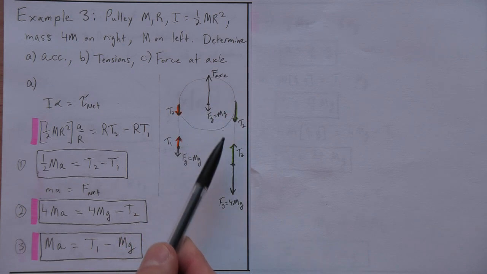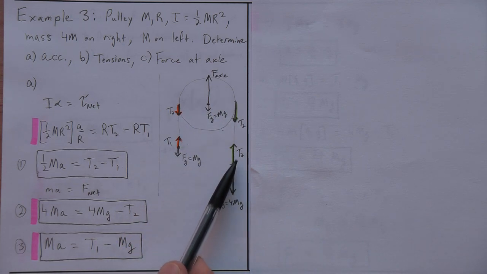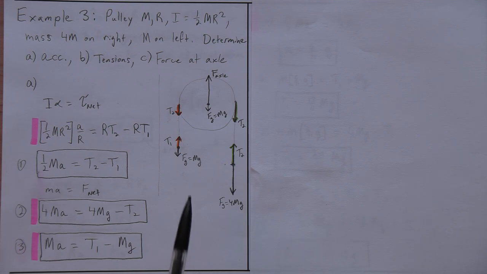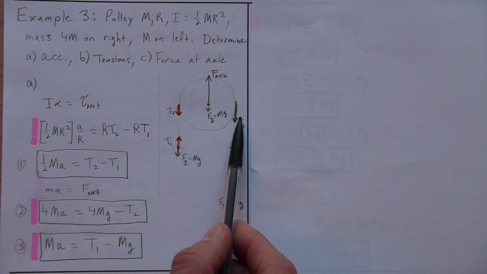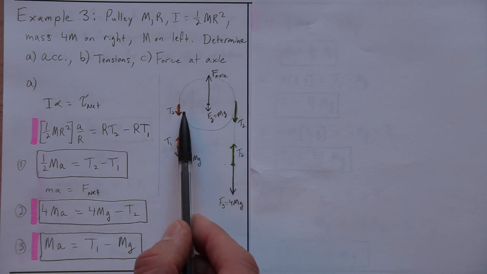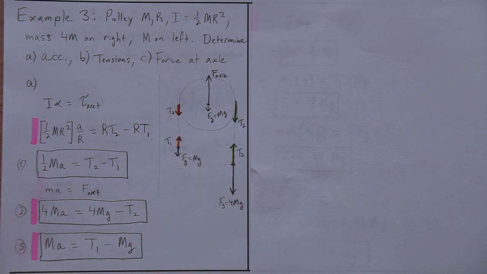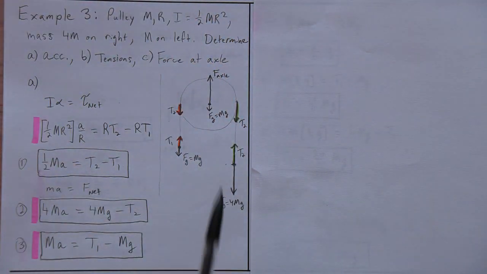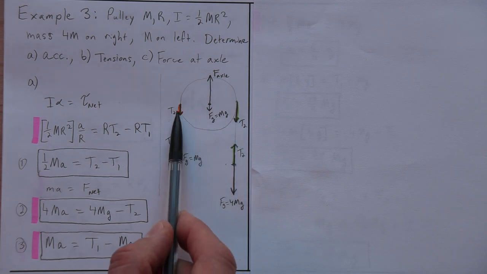So if pulley pulls mass up, mass pulls pulley down with the same number of newtons. Action and reaction. I highlighted them both the same color to emphasize they're the same magnitude. So this has to be more than mg, this has to be less than 4mg, but this side has to have greater force than this side because the pulley has to accelerate in the clockwise direction. So this has to be a greater force than that one.